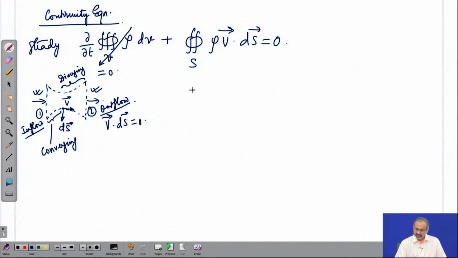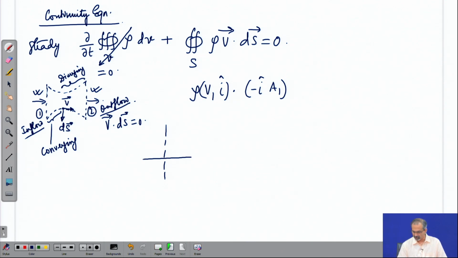So, in the inflow section, what happens is you have a rho V 1 I. V 1 I expresses the velocity in a vectorial sense, and minus I A 1 is the surface vector, because at the inflow the velocity points inside, the surface vector points out, and therefore, since it is pointing towards the negative x direction, you have a minus I associated with it.